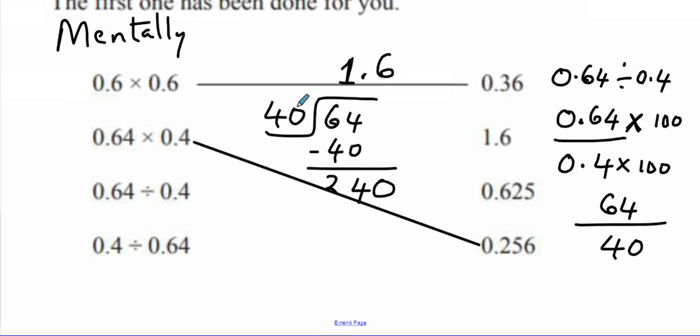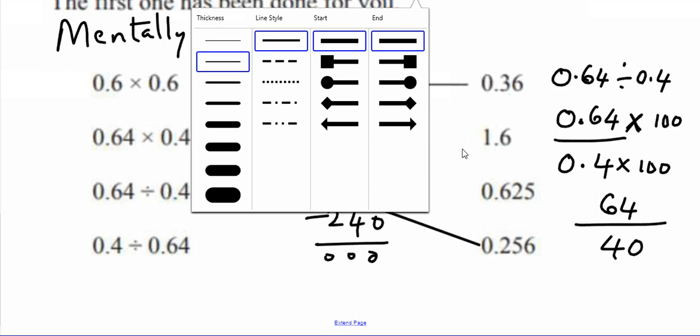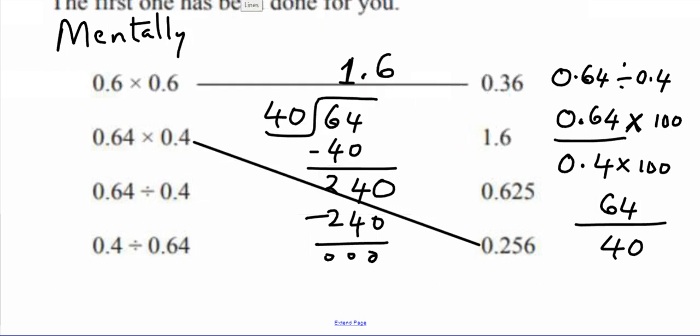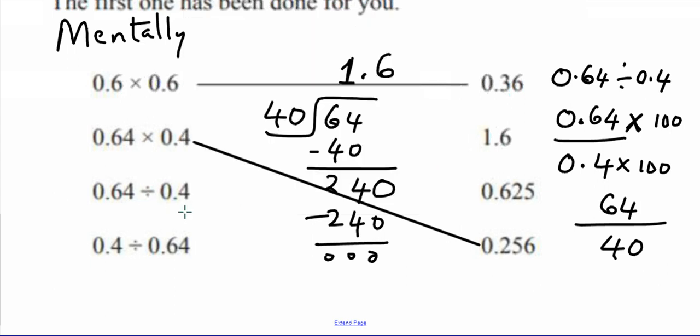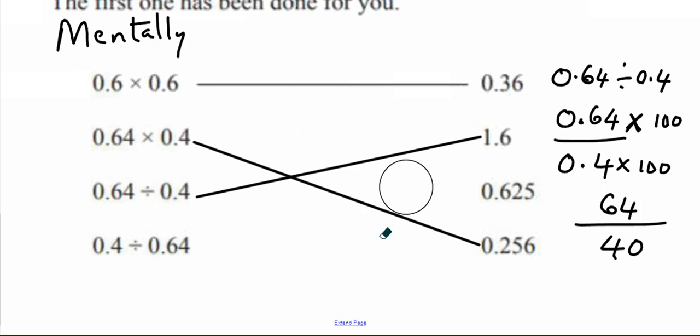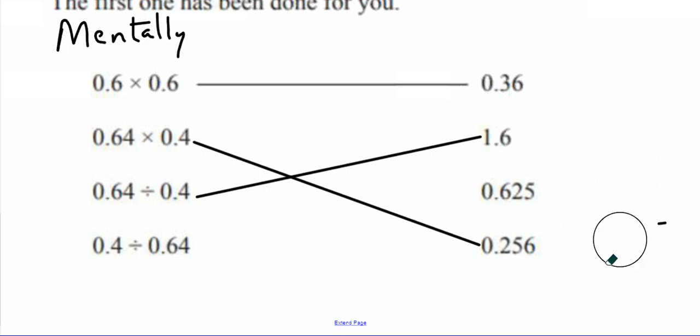That will be 6. 6 times 40 is 240, and the remainder is 0. So in other words, 0.64 divided by 0.4, the answer is 1.6. Match it exactly, and delete the others, and then go for the next question.